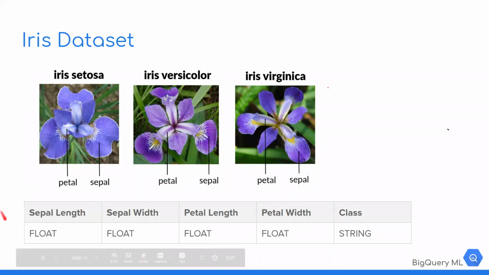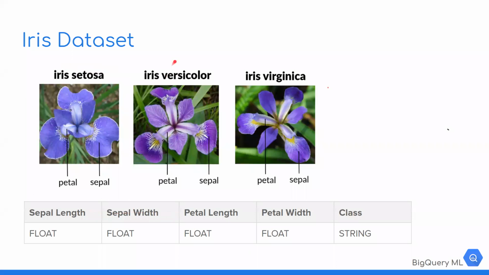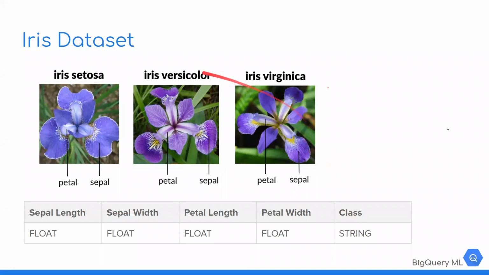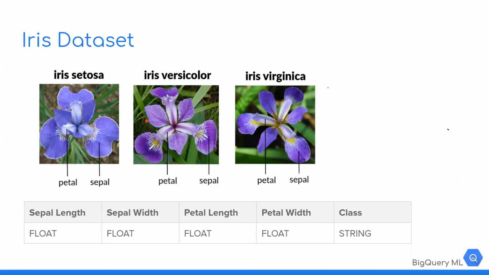So our data looks like a table with columns. You have the sepal length, sepal width, petal length, and petal width of the flowers, and you have a class. This class will be either iris setosa, iris versicolor, or iris virginica, right? So depending on these values, we are going to try to predict, given new data, which class this data would belong to, right?